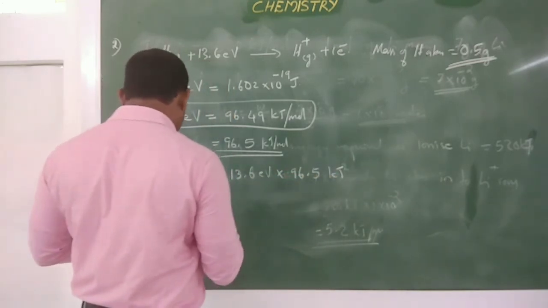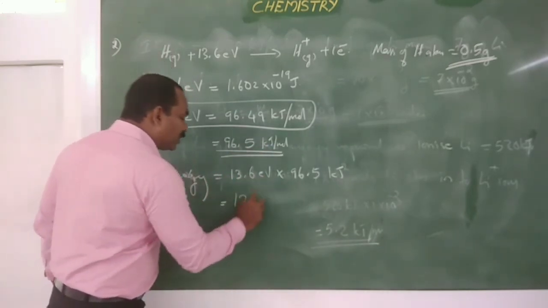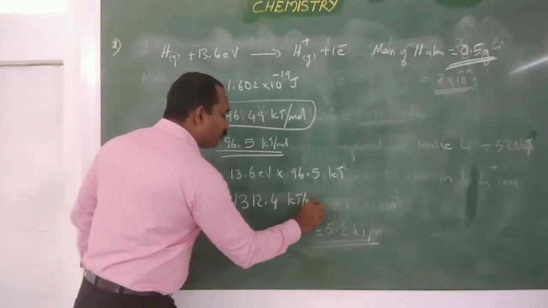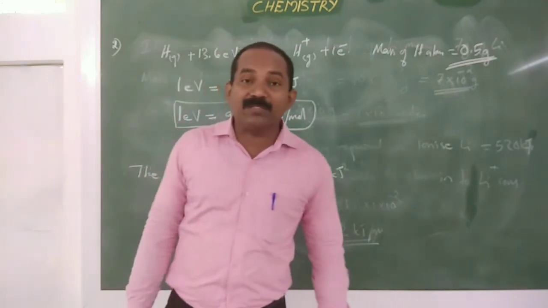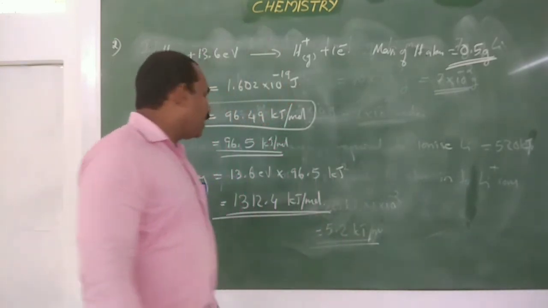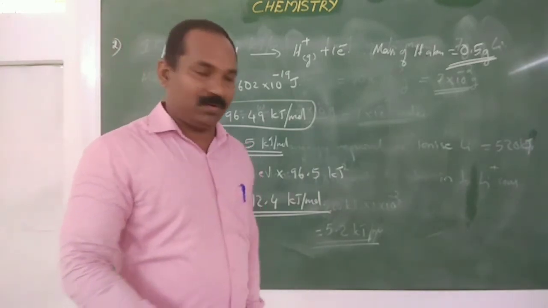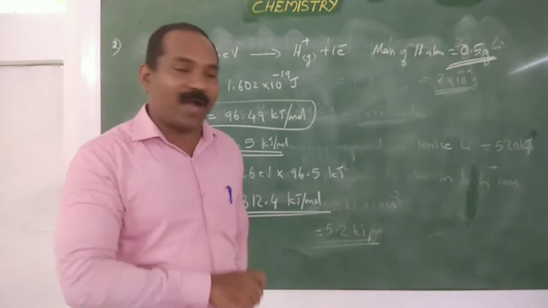Electron volt is cancelled, and the energy is equal to 1312.4 kilojoule per mole. And this is the energy for 1 mole of hydrogen.